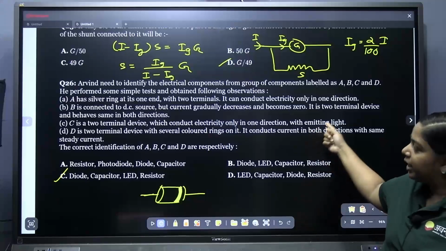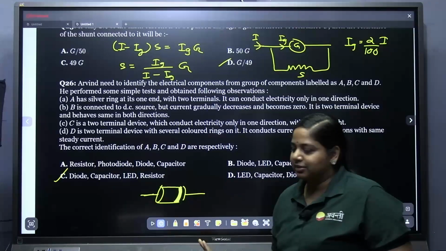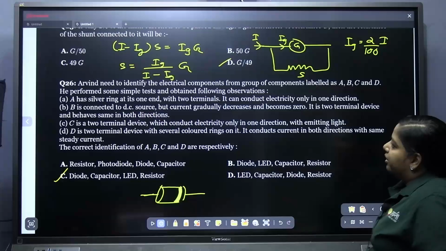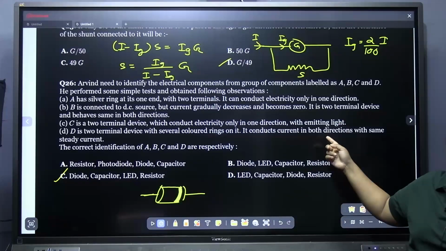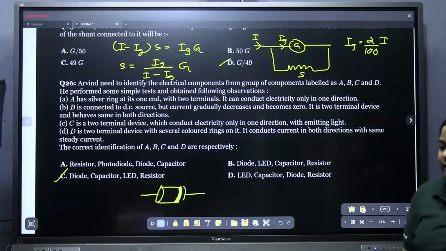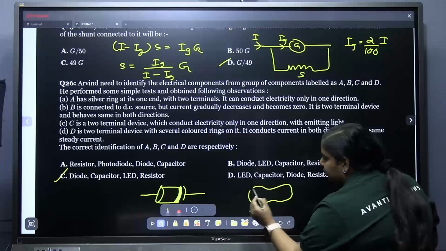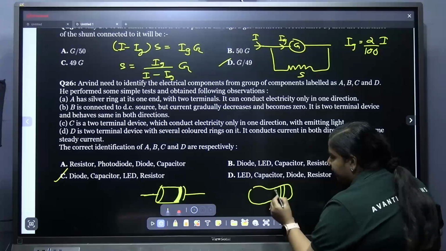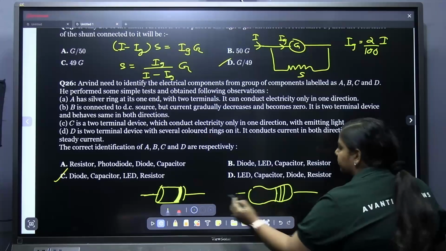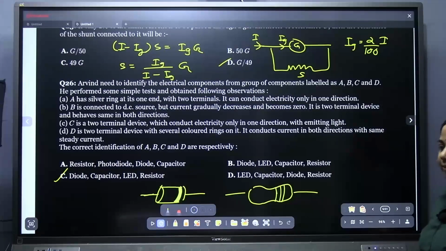If you just identify that also, you will get the answer. And colored rings, resistor. I think you have already seen a resistor. It will be like this, with 1, 2, 3 lines. This is a resistor. I think we can move on.